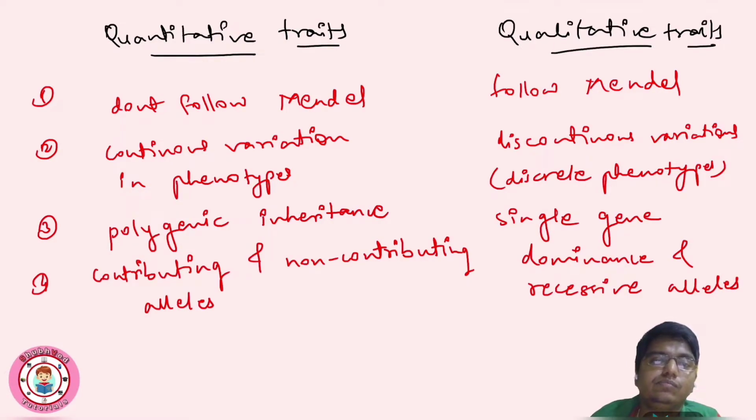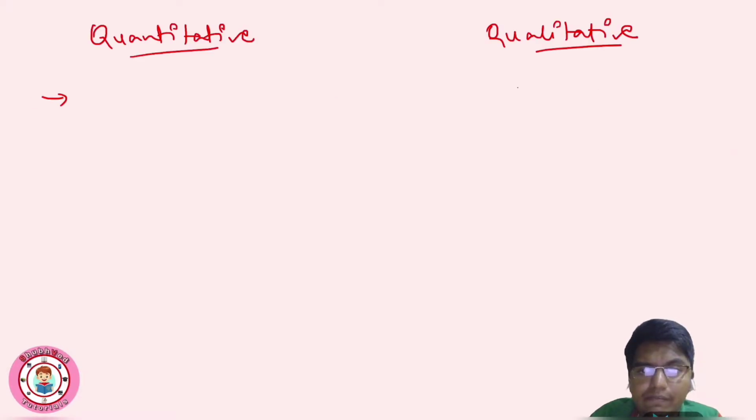One more important point is that in qualitative there are allelic genes, meaning there are alleles according to the previous point, and in quantitative, non-allelic genes.